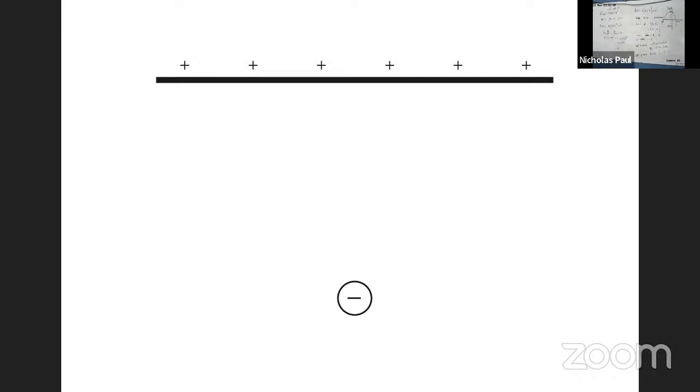All right, nice. I've seen some good things there. They will leave the positive and go towards the negative, right?